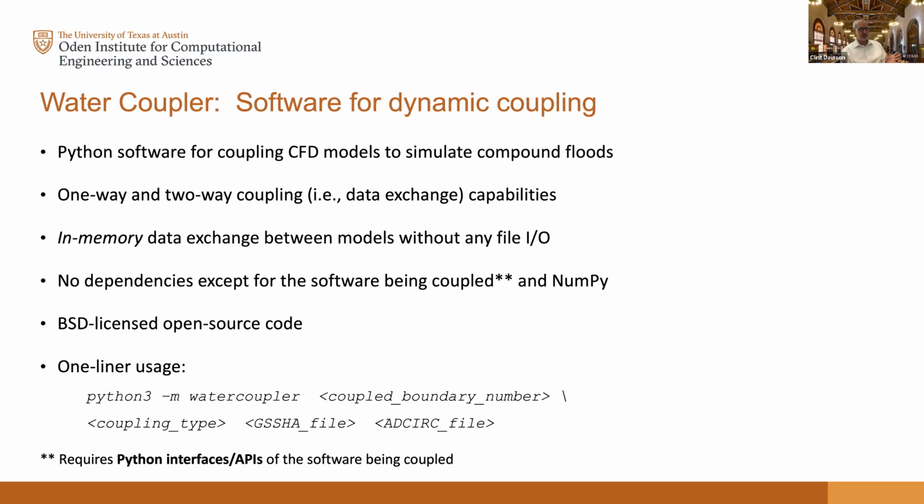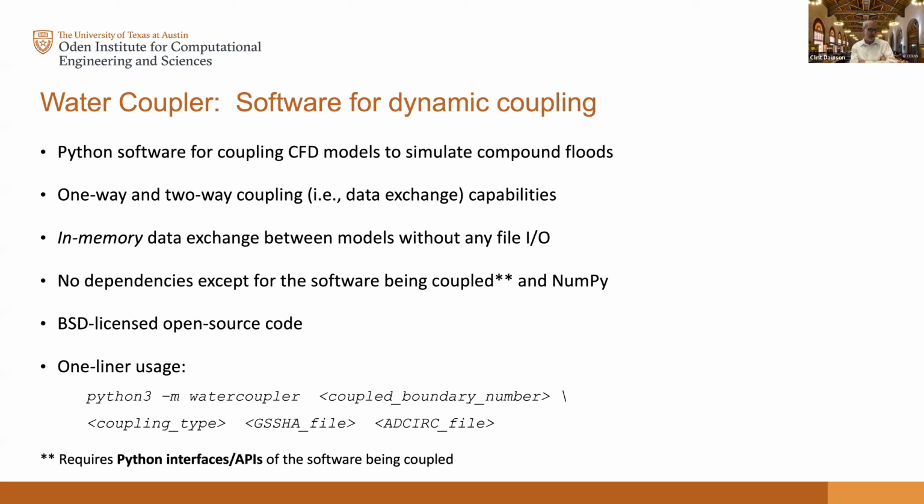And it actually turns out that Python gives the flexibility to do this. You can even couple, it's a little bit more work, but you can couple Fortran and C or C++ together. So we have an open source code that is available.